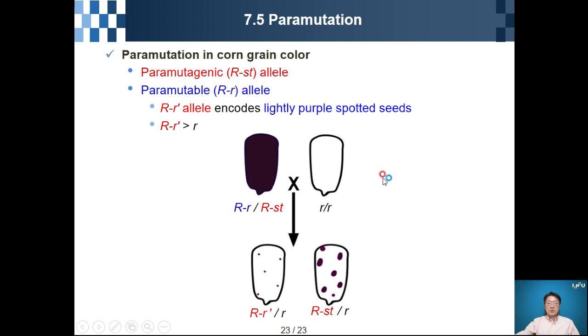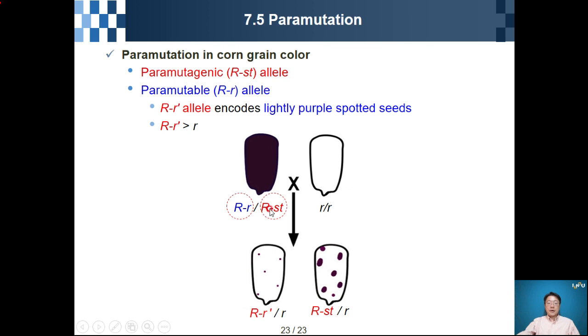Let me show you one example. This corn has two alleles. One allele is the R st, the paramutagenic allele. The other allele is the large R small r allele, the paramutable allele.